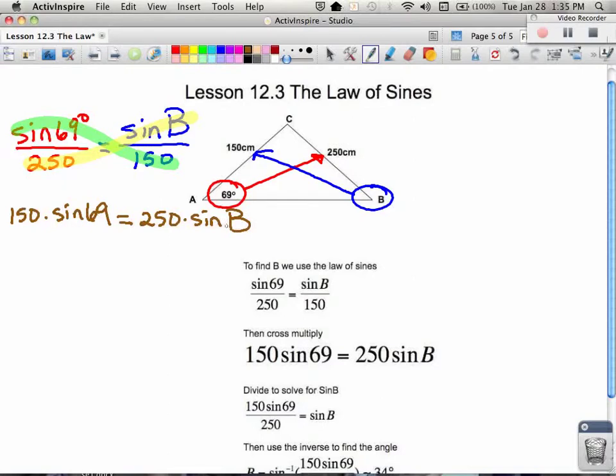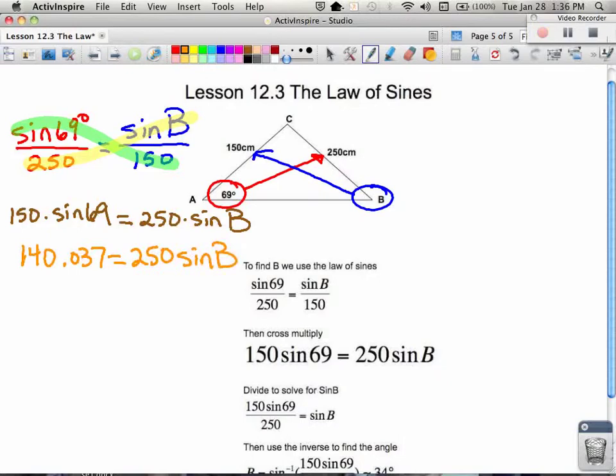On the left-hand side, when I multiply 150 times the sine of 69, I get 140.037. And the 250, since I don't know what the sine of B is, I just have to leave.